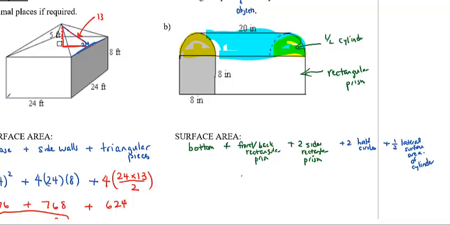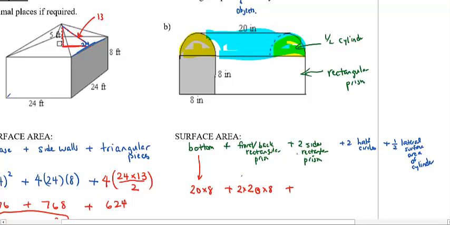Okay, so being able to identify the parts actually helps, I think, quite a bit. Because now if I want the bottom of the box here, it's just 20 times 8, right? 20 times 8. The front and back would be 20 times 8, of course, again. But this time I have two of them, so I'll multiply by 2.